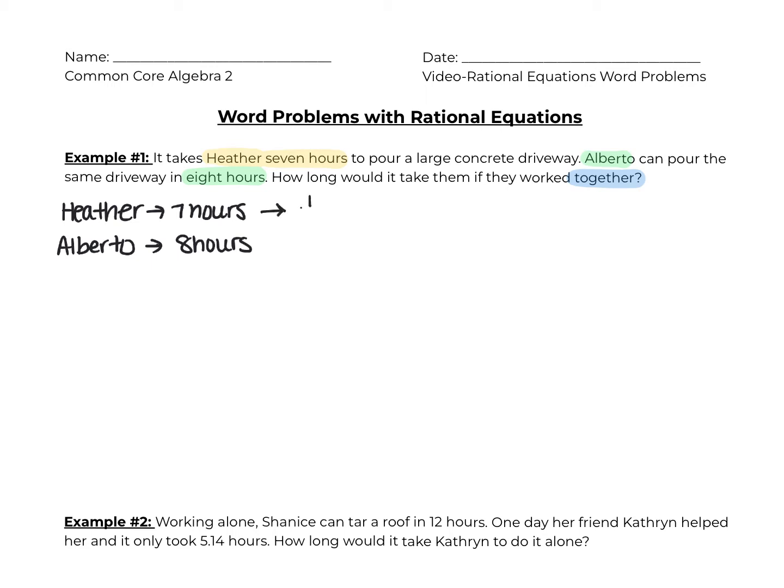So Heather will complete 1/7 of the job in 1 hour, and Alberto will complete 1/8 of the job in 1 hour. This is called a unit rate. And the way that we get this unit rate is by 1 over the total number of hours.